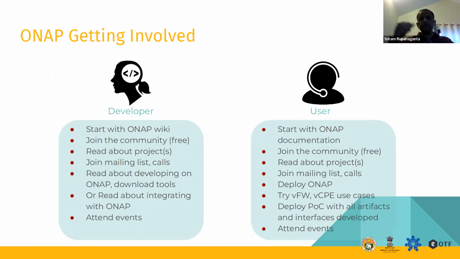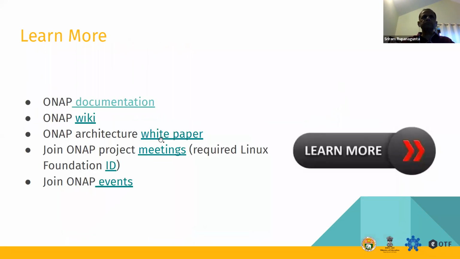Now, as a user, again, you can join the community. You can start deploying ONAP. You can try out different use cases that I mentioned, virtual firewall, virtual CPE, and so on. And of course, as you gain expertise, you can get more and more sophisticated with all these use cases. So these are the ways that you can get involved with ONAP. This slide has some of the references to ONAP documentation.